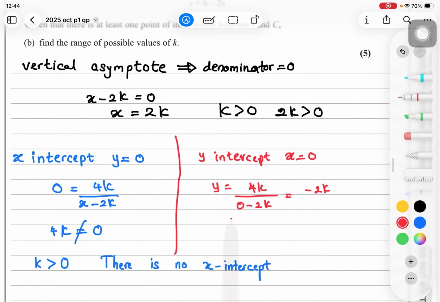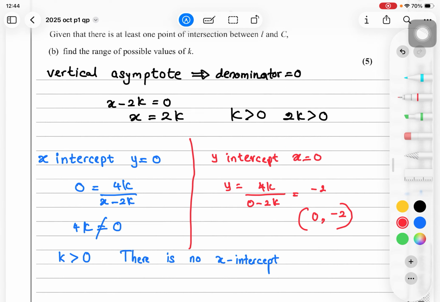So the coordinate would be (0, negative 2k). Sorry, it's not negative 2k, because I just noticed the k cancels, since there is a k and a k here. This is our answer. So we have a y-intercept.